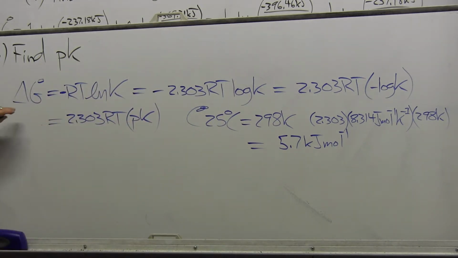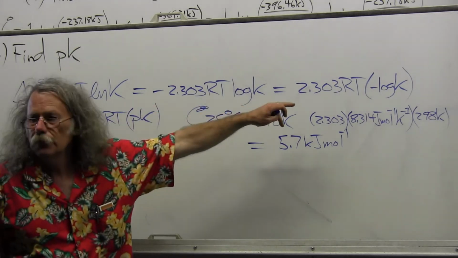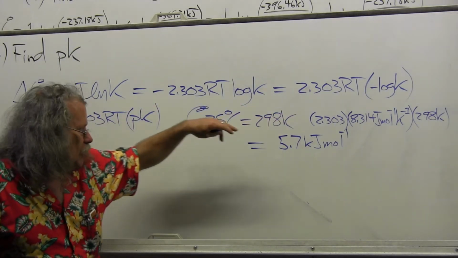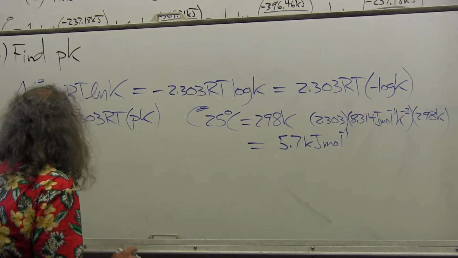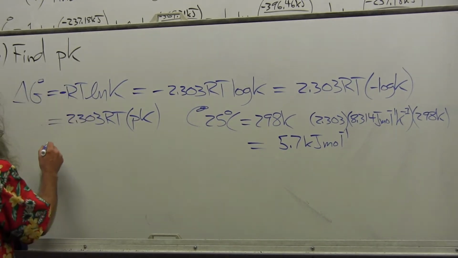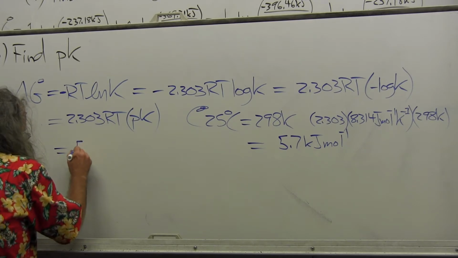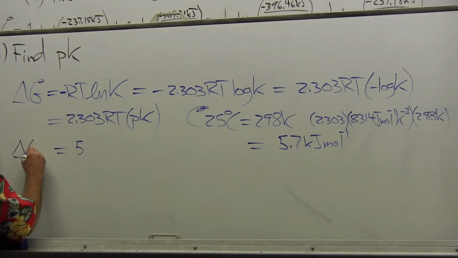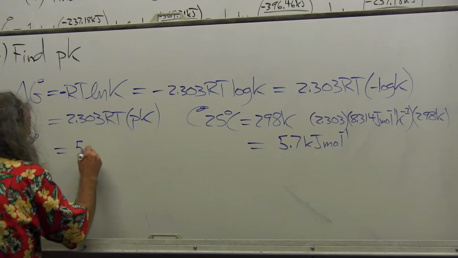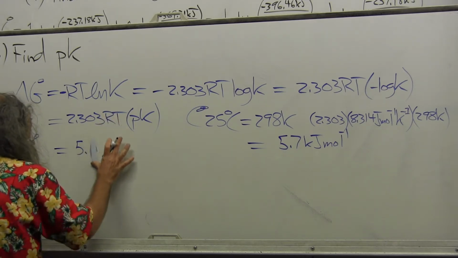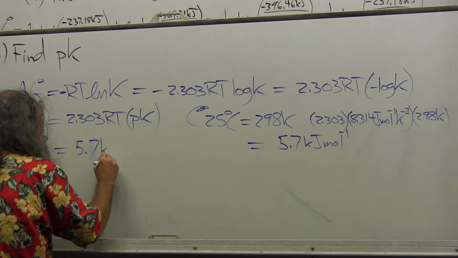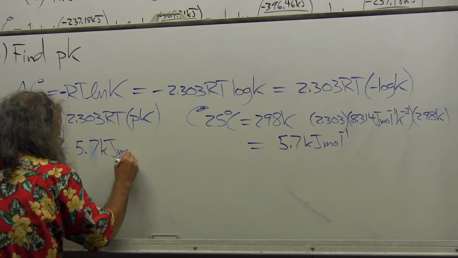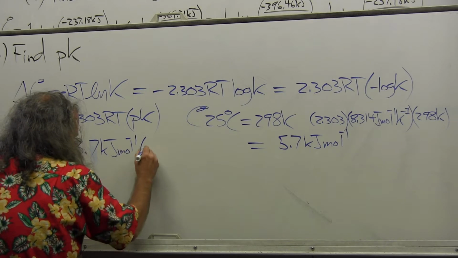You could put the top row in and then just take advantage of the fact that delta G naught is equal to 5.7, and a 7 actually looks like this, kilojoules per mole times PK.